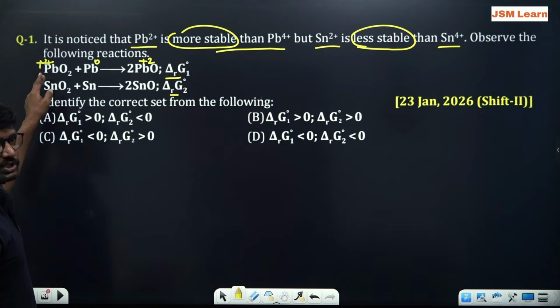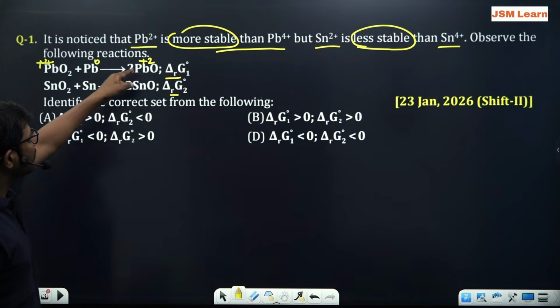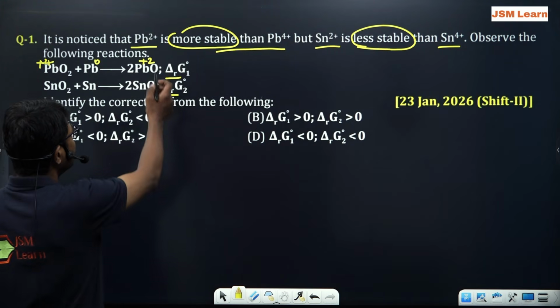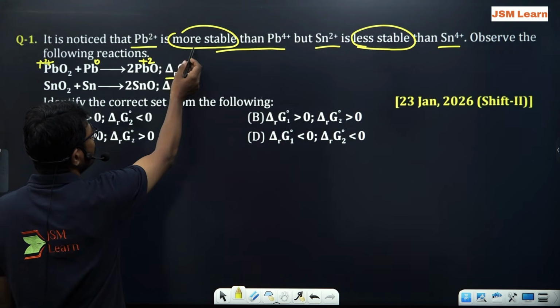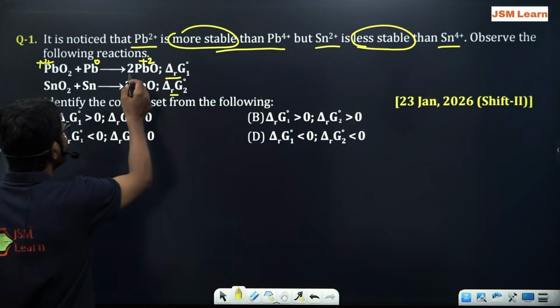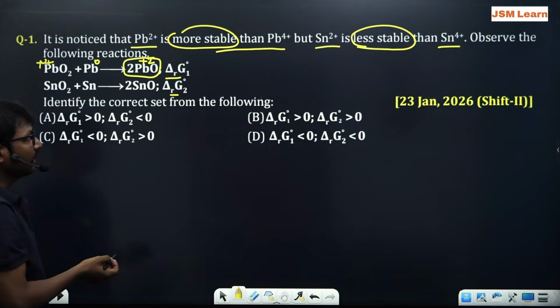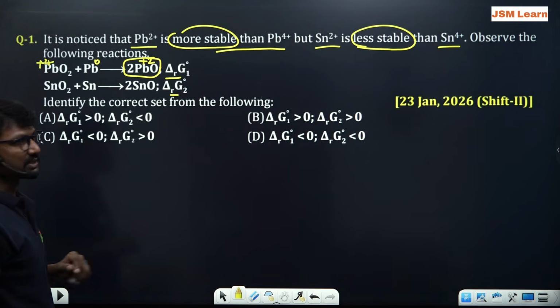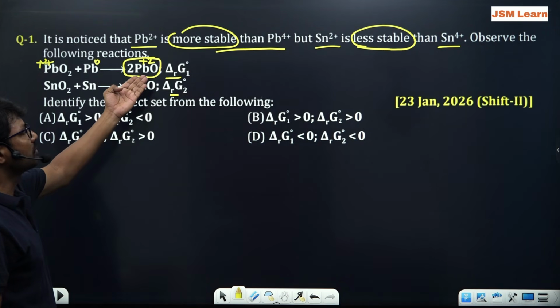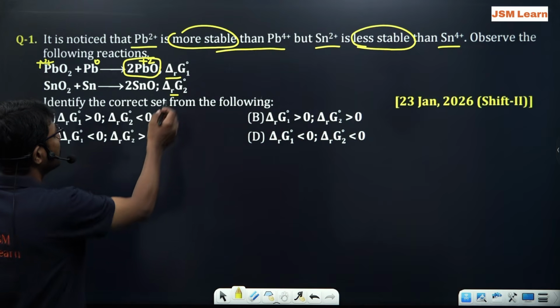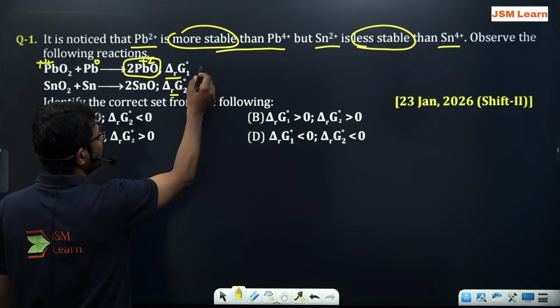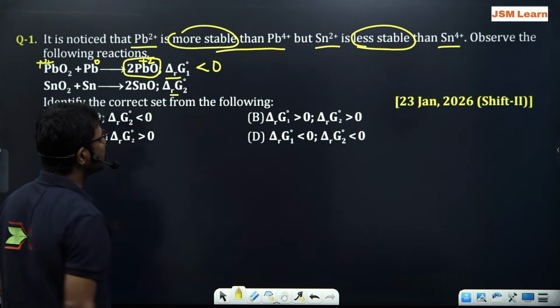So according to the first equation, Pb plus 4 state is converting into Pb plus 2 state, where they have mentioned that Pb plus 2 is more stable than plus 4. So conversion of plus 4 to plus 2 is a highly spontaneous process as the more stable product is produced. So according to that, delta G is going to be, for a spontaneous process, negative, so less than 0.